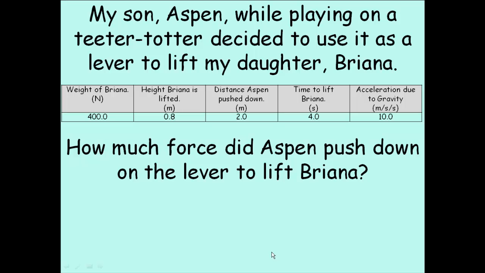Let's say my son Aspen, while playing on a teeter-totter, he decides to use it as a lever, smart boy, to lift my daughter. So how much force did Aspen push down on the lever? Well, we know the work in is equal to the work out. The work is force times distance. Well, we're asking if this side is Aspen and this side is Brianna.